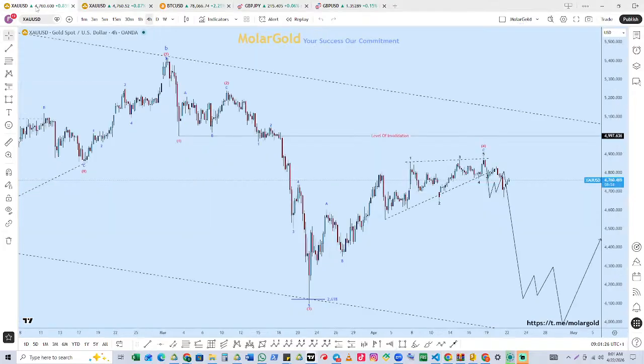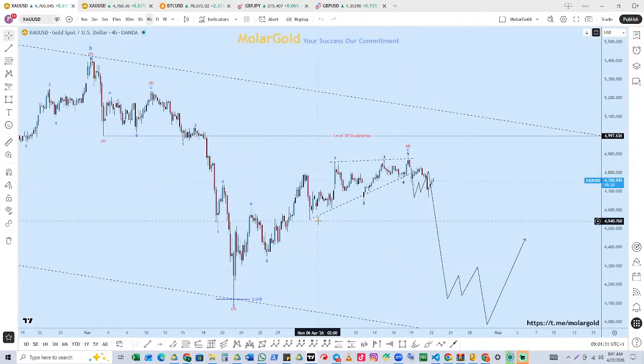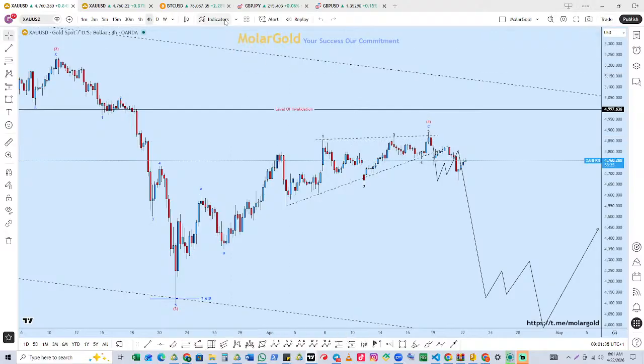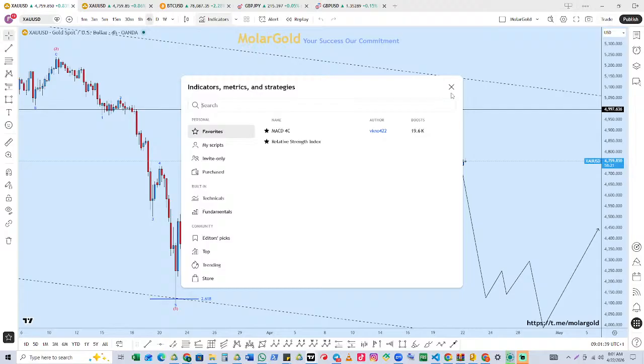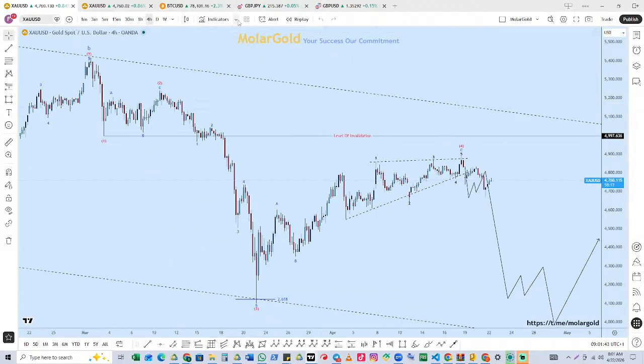Okay, so we always start with the Elliott wave, right? And I told you guys that gold is actually in a kind of triangle, right? That I told you is at the end of the 5-wave.